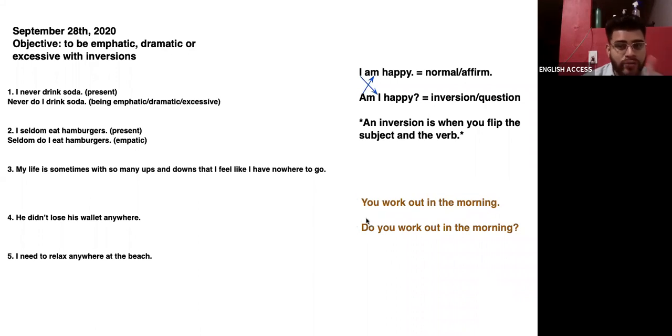And just like we add do in the questions, you need to add do to the inversions. All right, let me write that very important thing down.